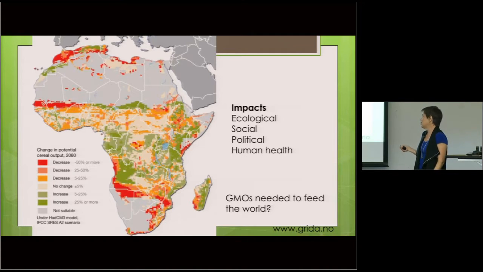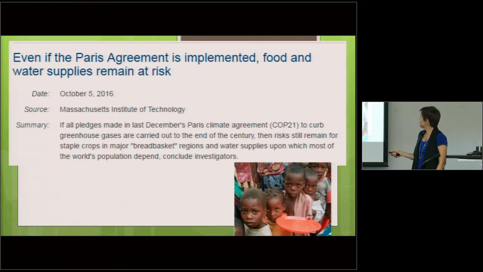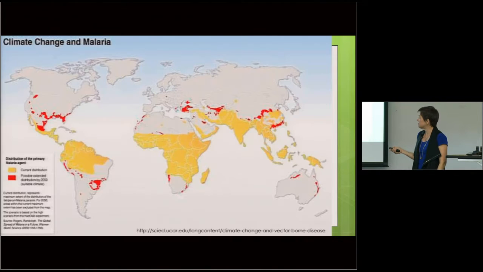Maybe we are going to need GMOs in order to feed the world? And here's one that came up just recently. Even if the Paris Agreement is implemented, food and water supplies remain at risk. And we may see major crops declining in these breadbasket areas where people might be starving.